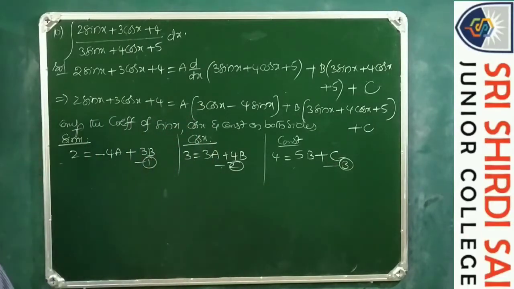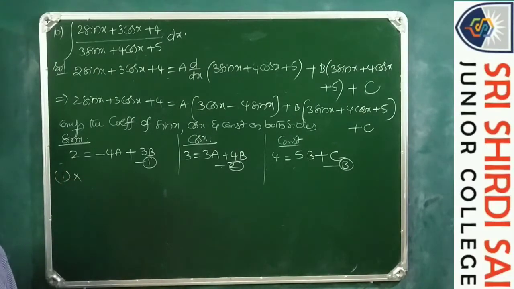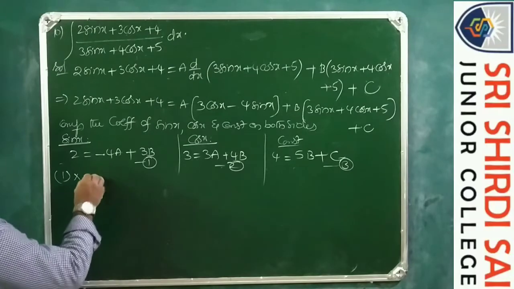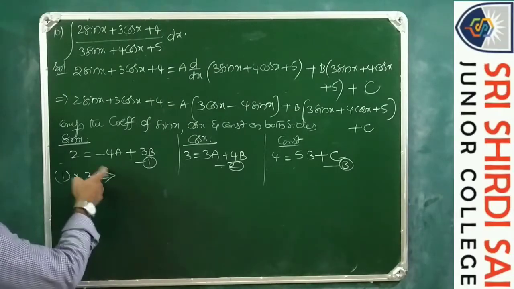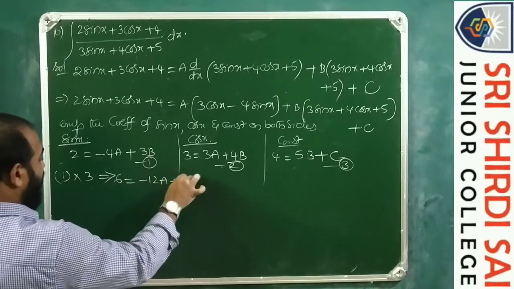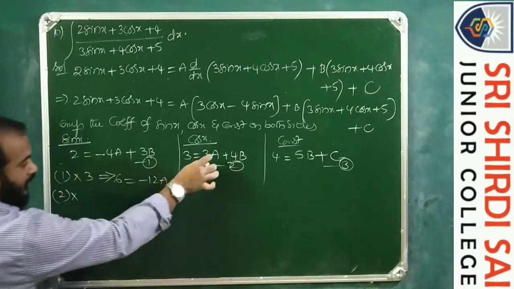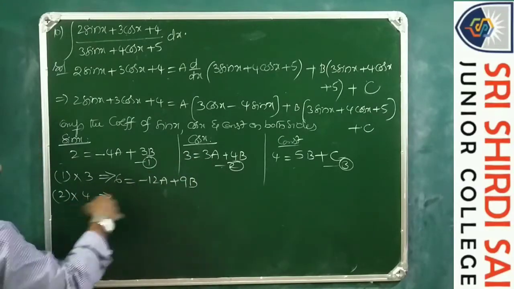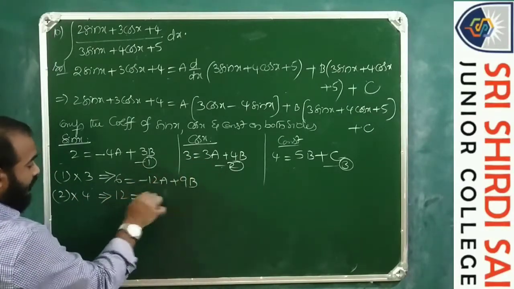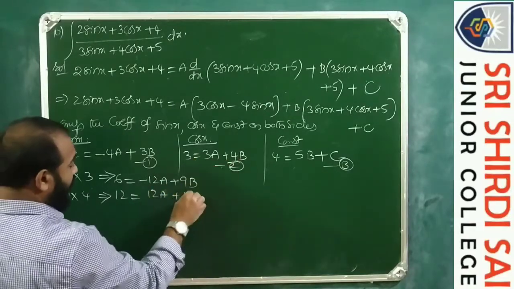So solving 1 and 2, the two simultaneous linear equations. The first equation, let us multiply with 3, then we get 6 equals minus 12A plus 9B. The second equation, let us multiply with 4, so 12 equals 12A plus 16B.